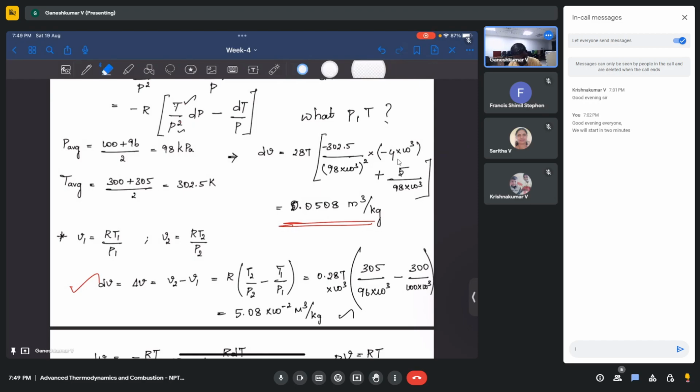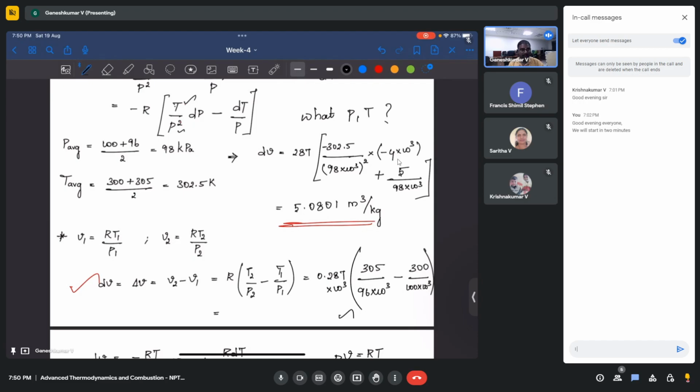Let's calculate for a few more decimals. I want to show you the difference between these two. So 5.08101701. Okay, and if you calculate here, how much is it coming?